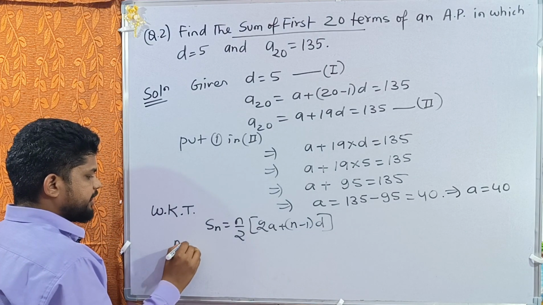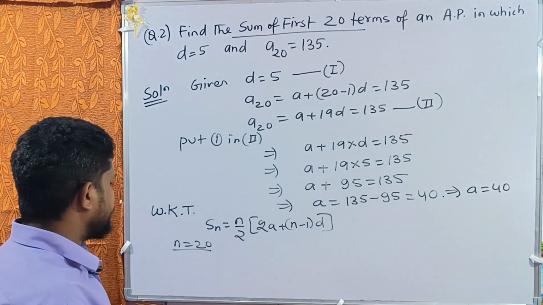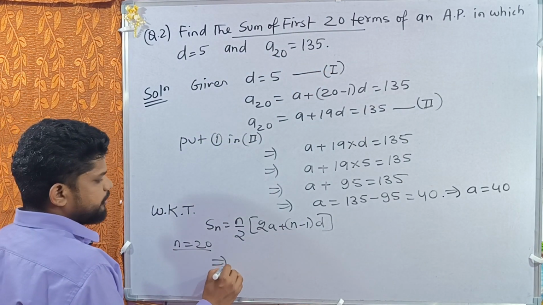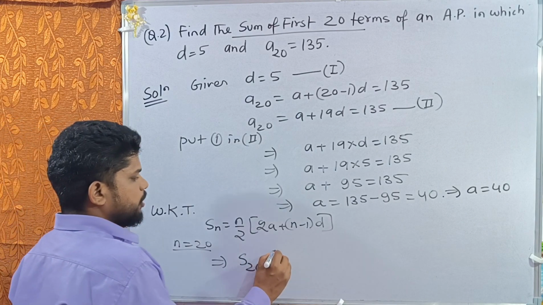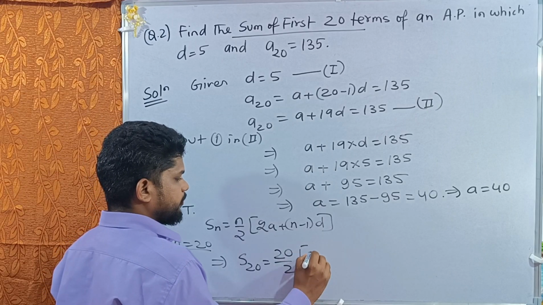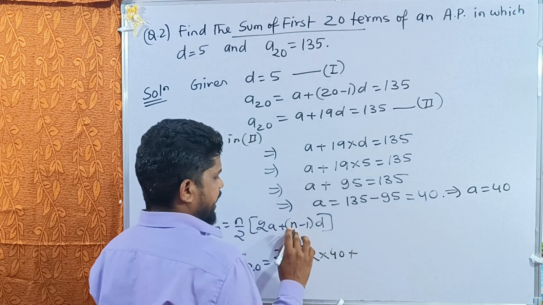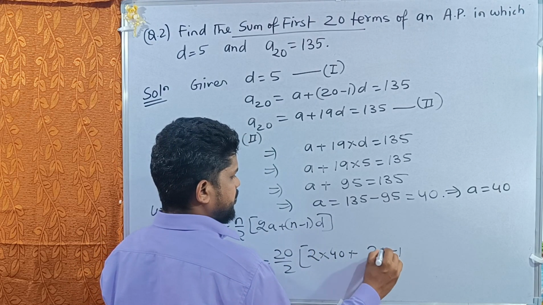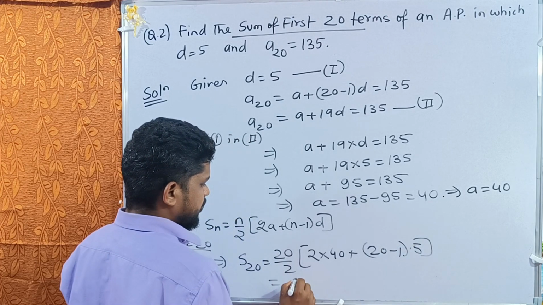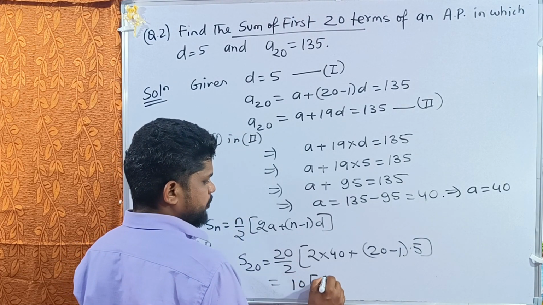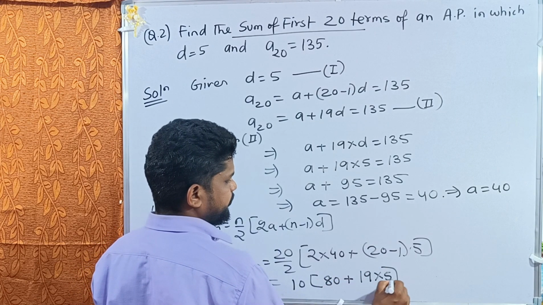Here the value of n is 20 because we aim to find the first 20 terms. So the sum of the first 20 terms equals 20 divided by 2, times (2 into the value of a, 40, plus (20 minus 1) into d, where d is 5). This gives 10 into (80 plus 19 into 5).